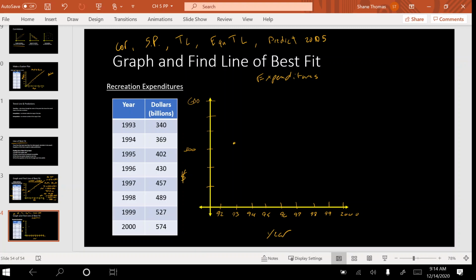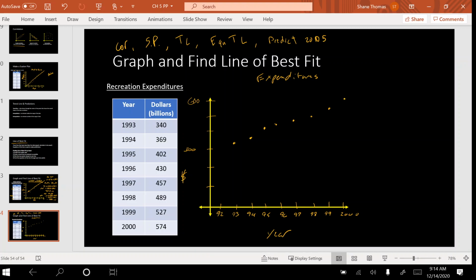In 94, I'm at 369. 95, I'm at 402. 96, I'm at 430. 97, I'm at 457. 98, I am at 489. 99, I'm at 527. And 2000, I'm at 574.